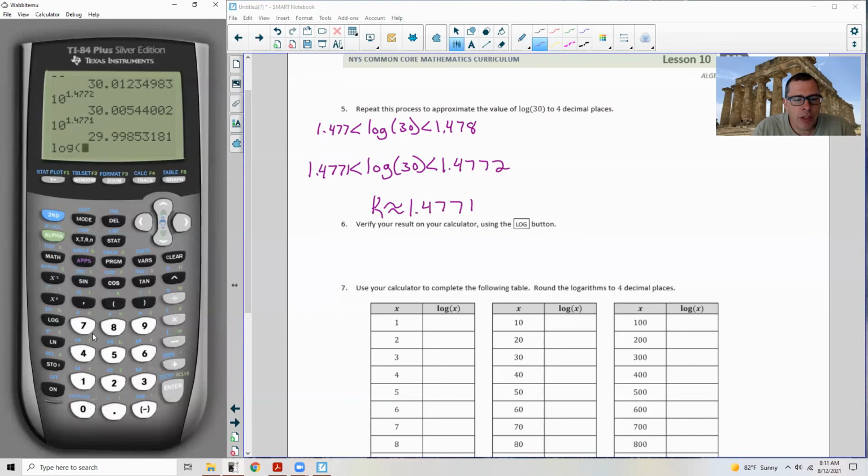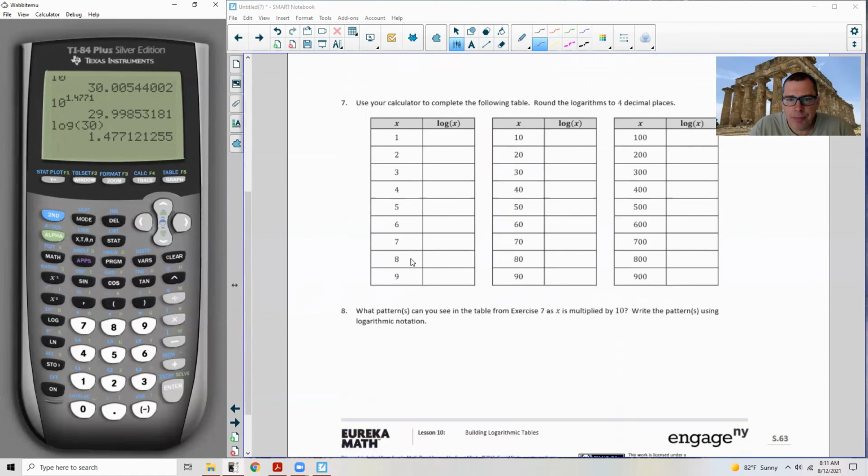So if I just hit the button log, and I want to know what the log of 30 is, and hit enter, it does it for me. And as you can see, 1.4771, this 2 would truncate, and that's what we have as our 4-digit approximation. So we did verify.